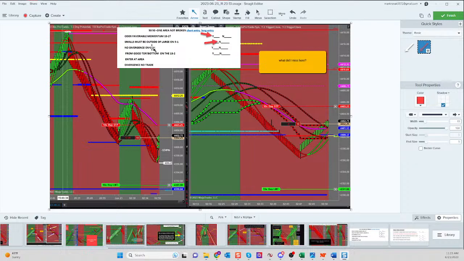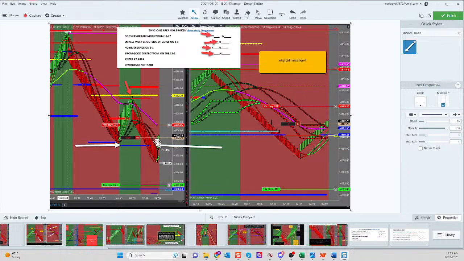No divergence. No divergence, right? There's another yes. Is it coming from a good top or bottom? Absolutely. Dab, you have everything for a 50-50. But what does a 50-50 mean? A 50-50 means that this area isn't broken.